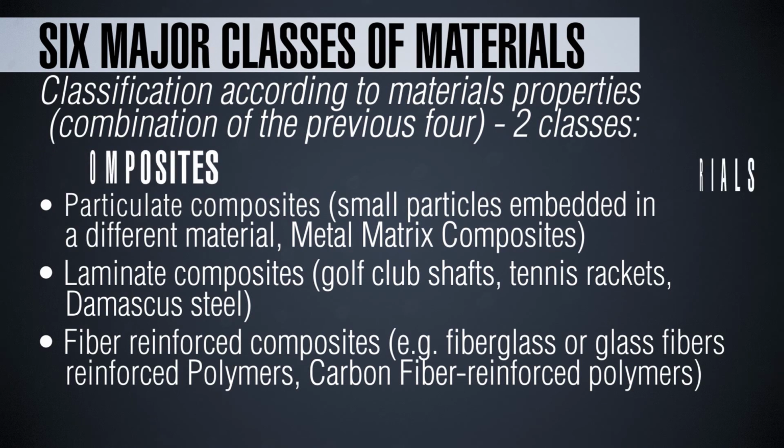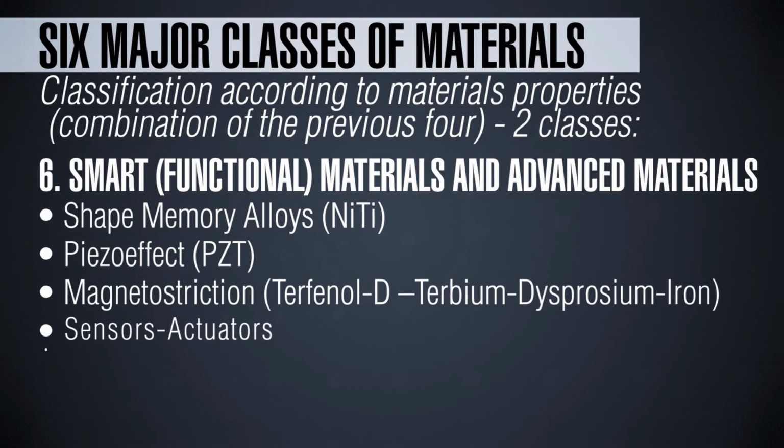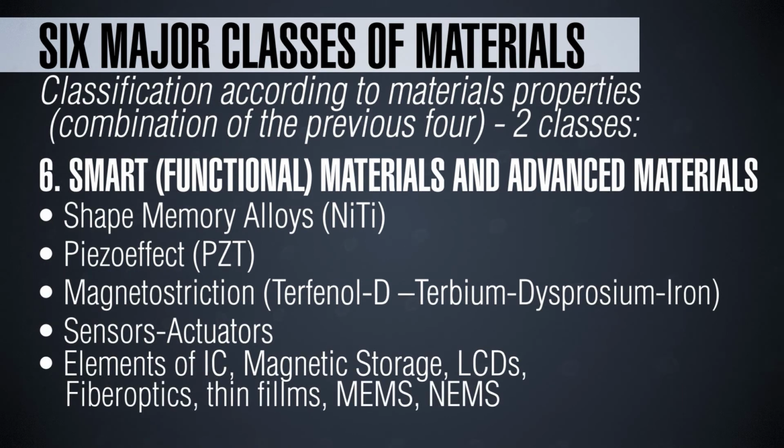Then we have the last category, which is that of smart or functional materials and advanced materials, which is the most intriguing one, in particular for those who work in the nanotechnology compartment, because it's something that never ends, and we already have a certain sub-classification within the smart materials, but the progress in scientific research always brings you something new.